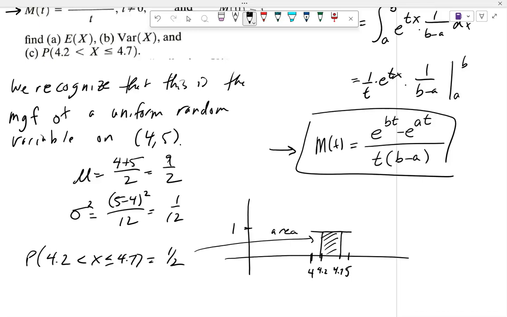Did it matter that there was a strict inequality for that left endpoint and equal to on the right endpoint? Did it matter? No, because in this case, we're doing continuous distributions, right? And for a continuous distribution, the probability that you're actually equal to a particular value is always what? 0.